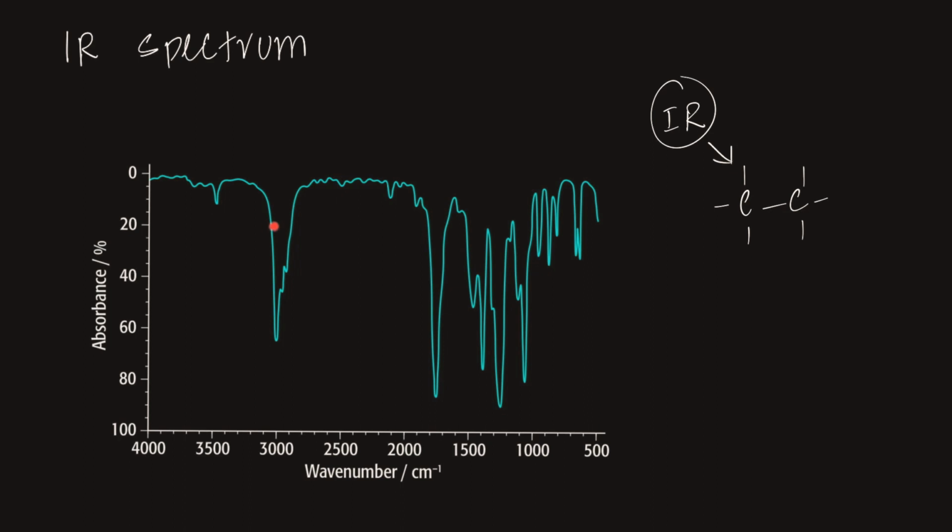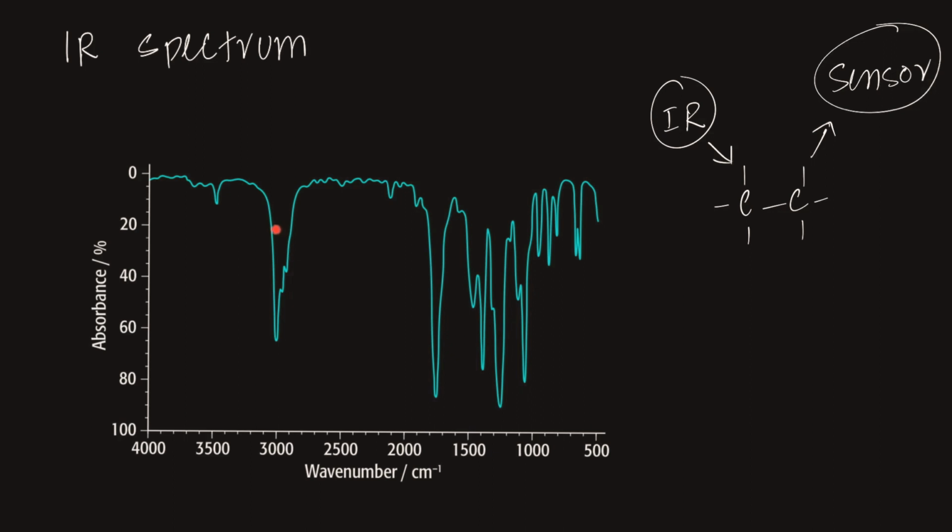regions. So over here, a particular bond in this molecule has ended up absorbing this range of infrared. And whatever is reflected back from this molecule is picked up by a sensor, which ends up plotting this graph.